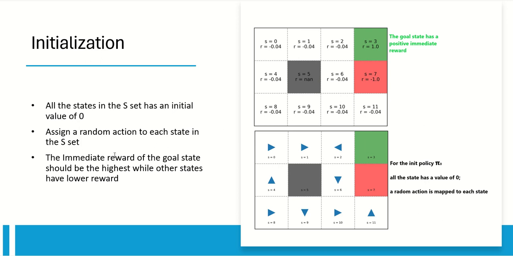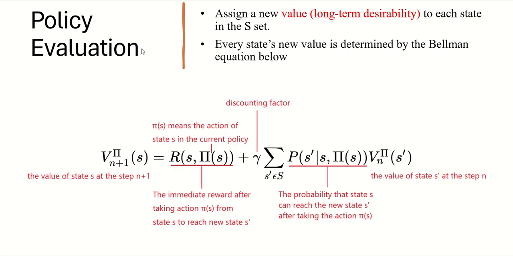Also, we have to give the goal state a high reward and give a bad state a low reward. Thus, it will lead us to the goal state instead of a bad state. So the first step, policy evaluation of policy iteration, just assigns a new value to each state.